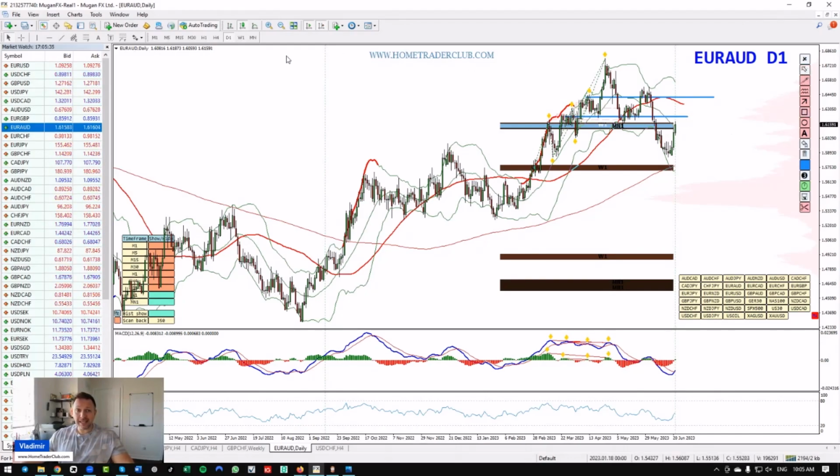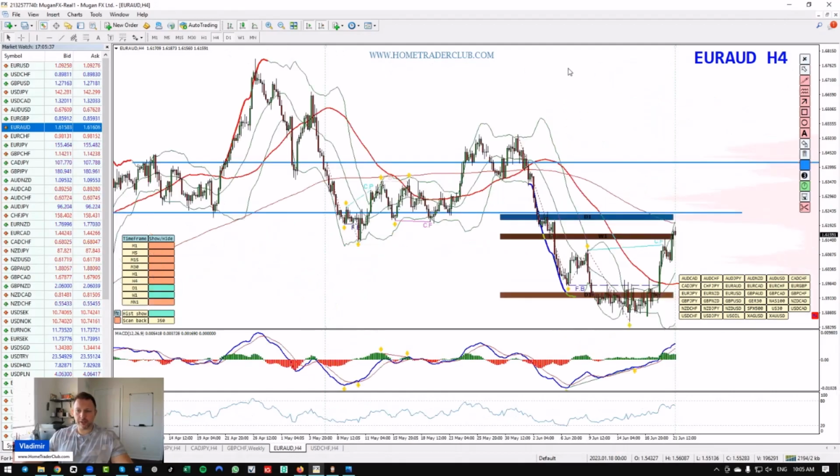Taking these levels to the 4-hour chart, here is what we see: a big volume here on the 4-hour chart, supported by a daily inner zone, and slightly higher than that on this corrective move we had. These highs behave also as the area of supply, and this is the broken support that now becomes a resistance.